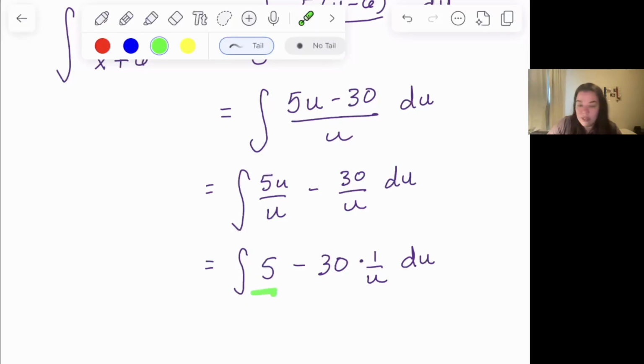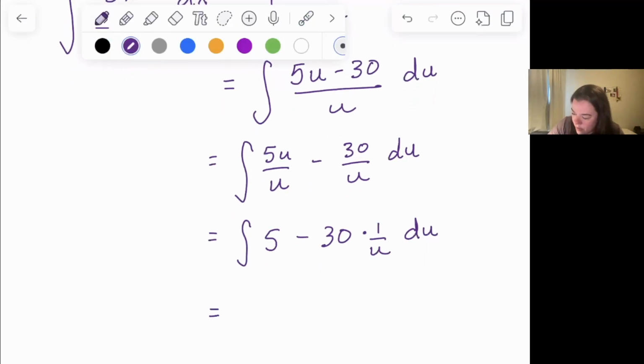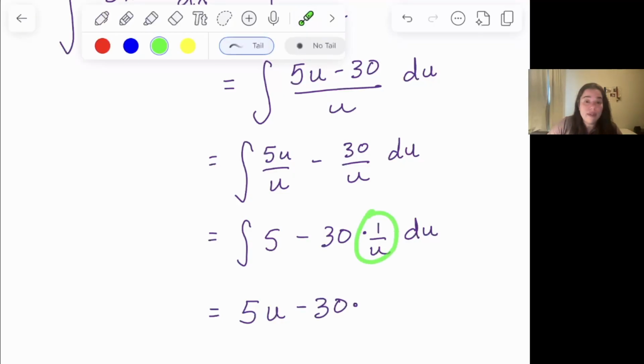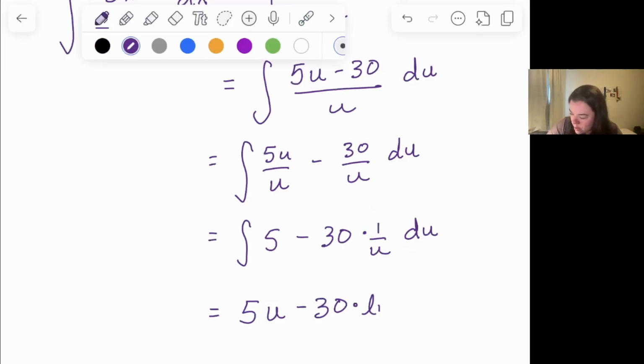In terms of u, integrate 5. So let's do that. We actually know that. This is 5u minus 30 times, what's the antiderivative of 1 over u? That's one of our special rules, right? The antiderivative of 1 over u is ln of u, specifically ln of the absolute value of u, plus c.